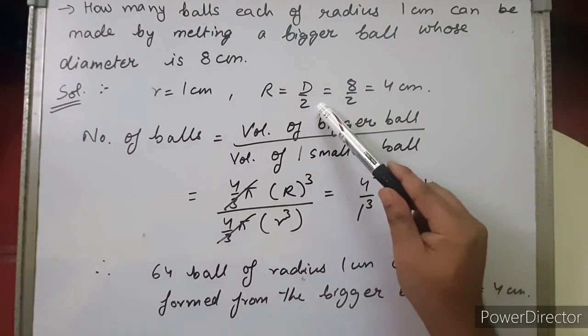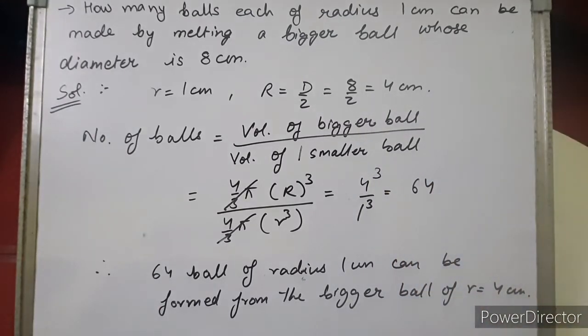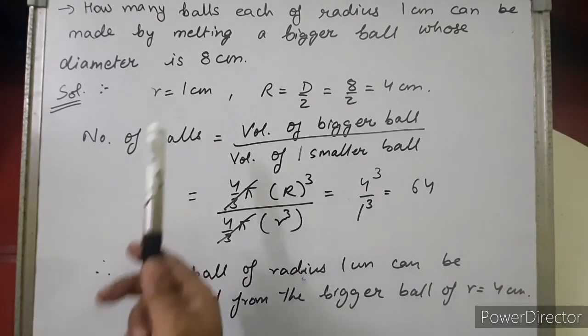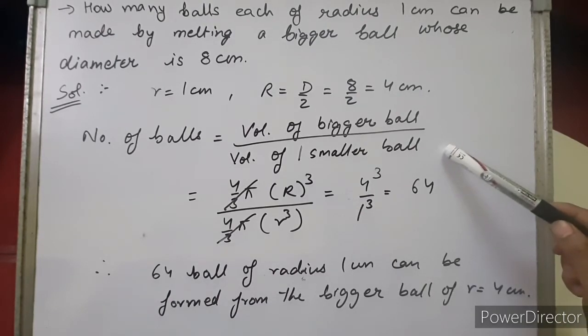That means the radius of the bigger ball will be diameter upon 2, that is 8 upon 2, which is 4 centimeter. And the radius of the smaller balls formed by melting the bigger ball is 1 centimeter. That means small r is 1 centimeter. Apply this formula: the number of smaller balls formed will be the volume of the bigger ball upon the volume of one smaller ball, right?